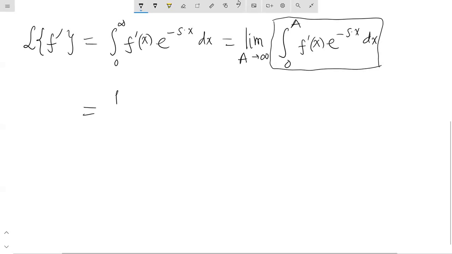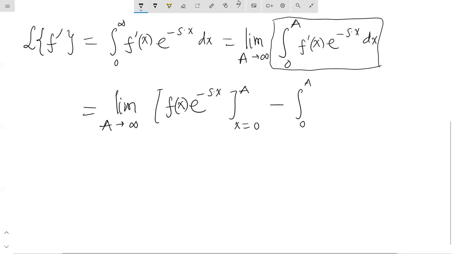This is a good place to use integration by parts to get the following formula. f(x) e to the minus sx, evaluated from 0 to a, minus the integral from 0 to a of f(x) times minus s e to the minus sx dx. This follows from integration by parts.